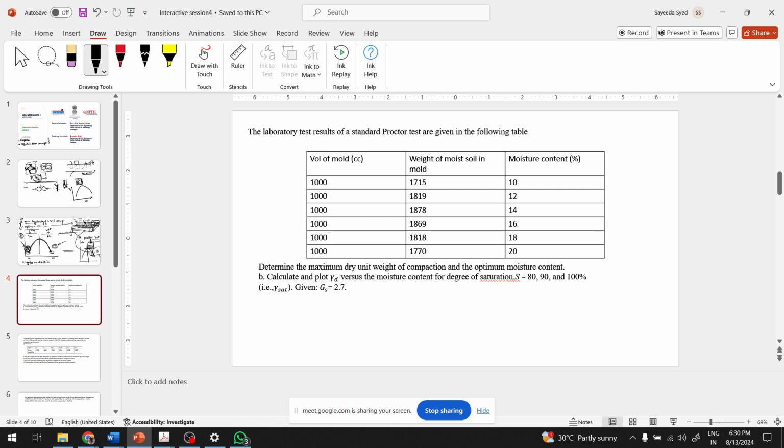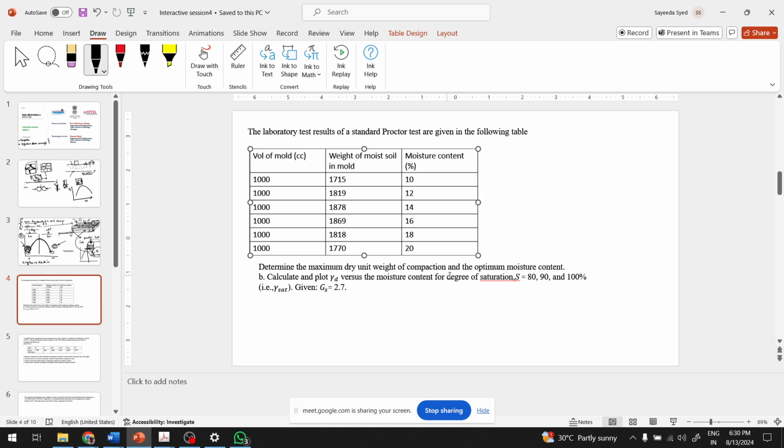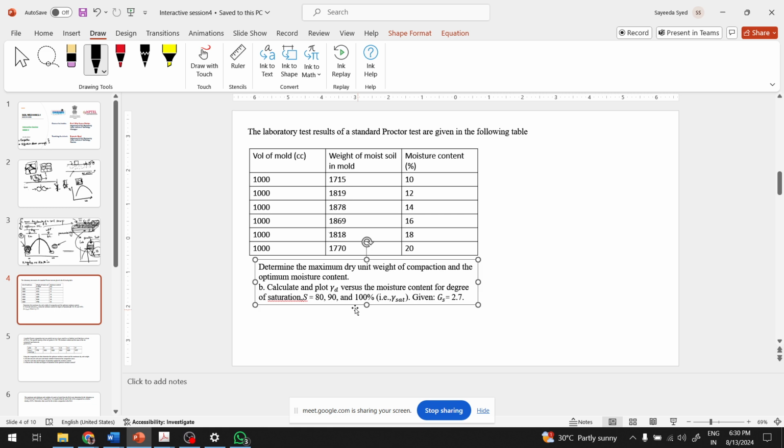Okay, so first of all, the first thing you need to know is what a compaction test is, which I am very sure you are already aware of. But if I reiterate the procedure of the compaction test, then you will understand this question, why it is modeled in this fashion.